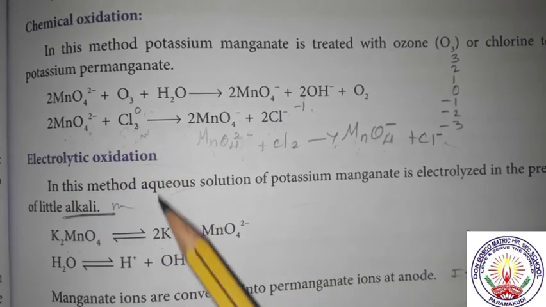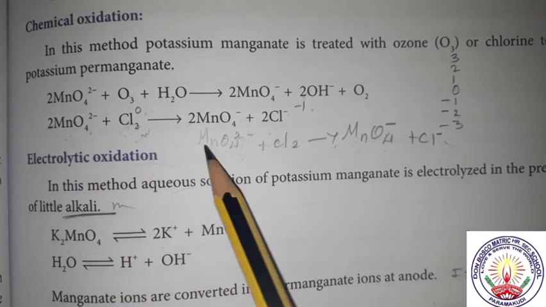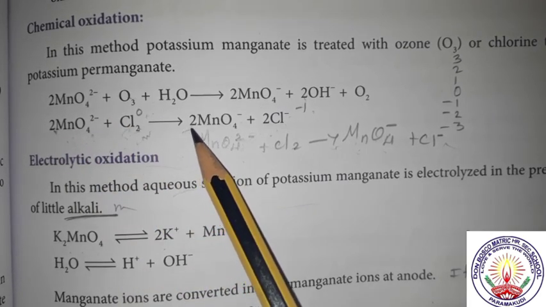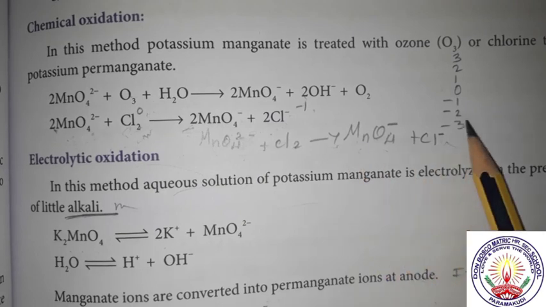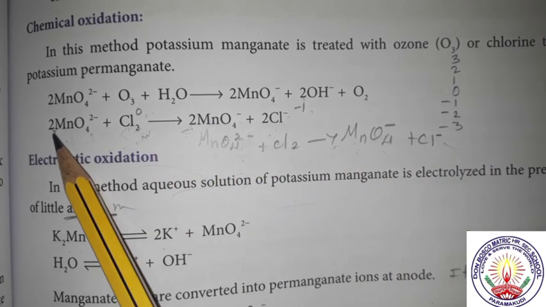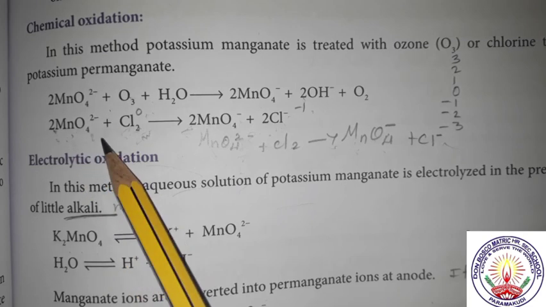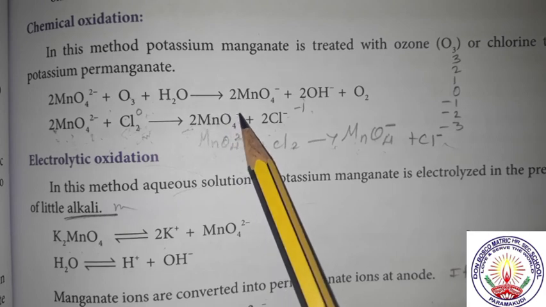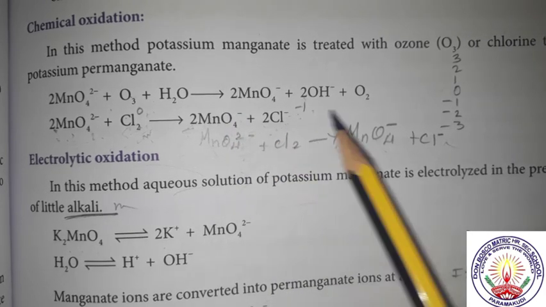So in order to balance, we need to add 2 here. When we add 2 here, we also need to add 2 here. Now the charges will also be balanced. So 2 MnO4 2 minus plus Cl2 gives 2 MnO4 minus plus 2 Cl minus.